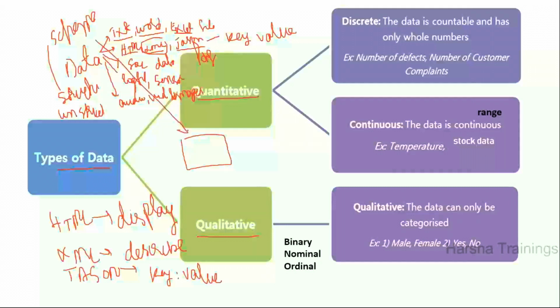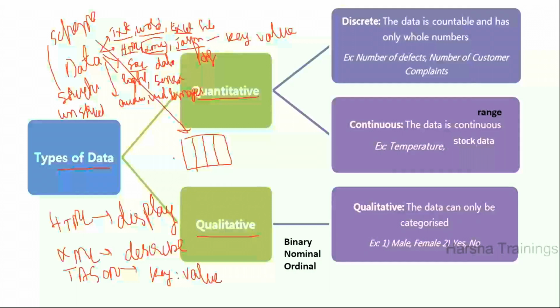For example, if you take databases like SQL, here we store the data in the form of tables. I think you know about DBMS because you are working in banking databases.